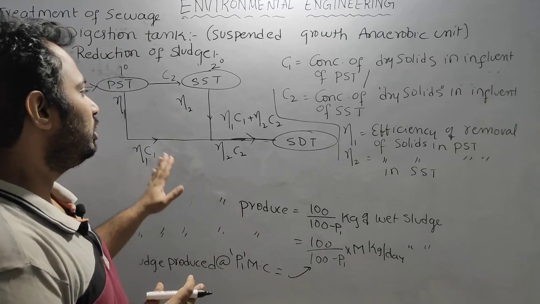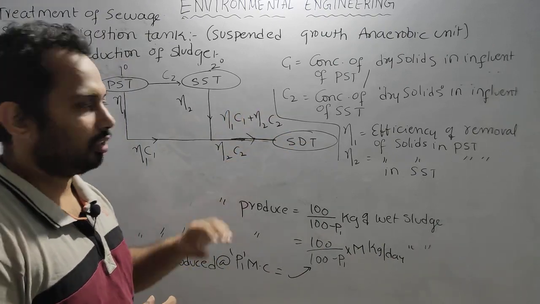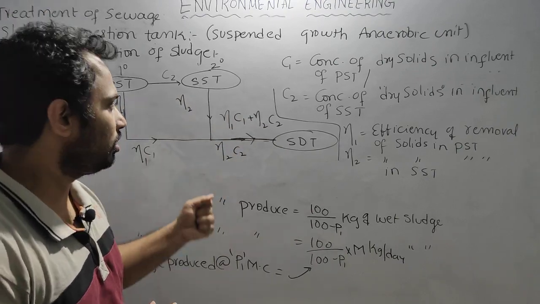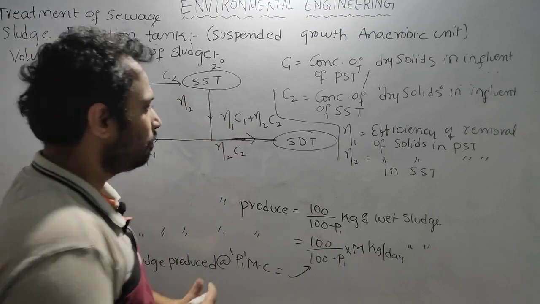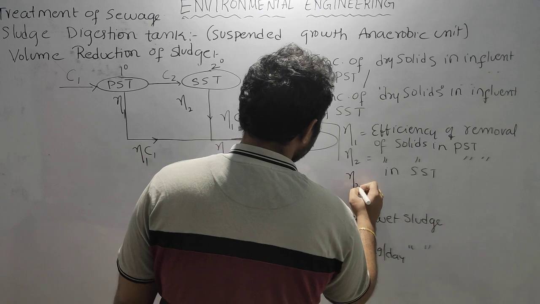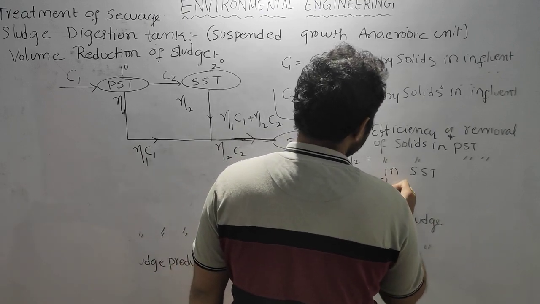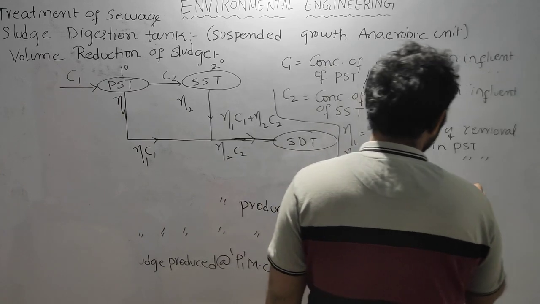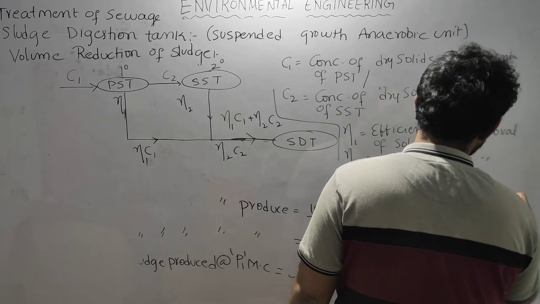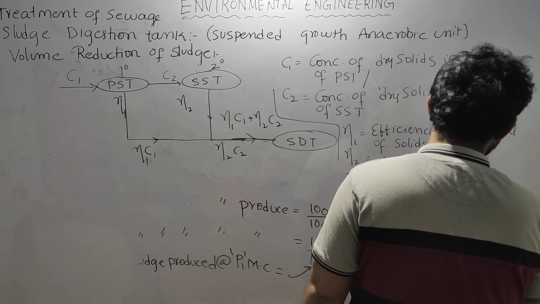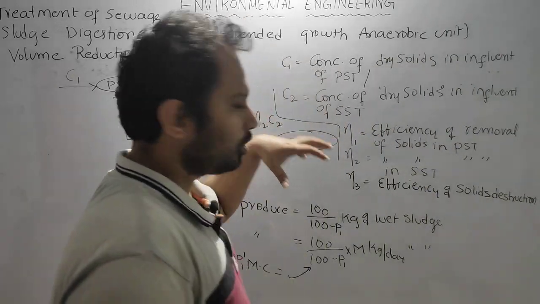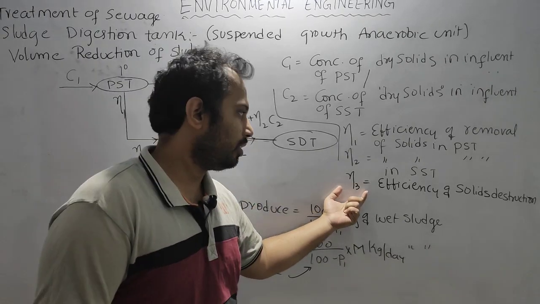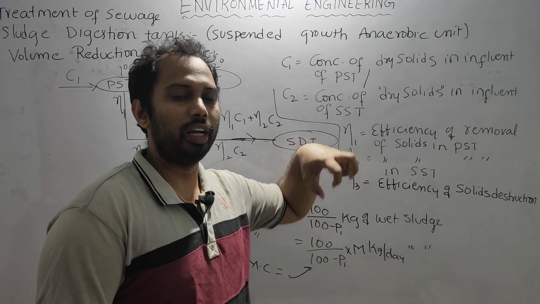For example, this is the quantity of solids entering, and eta 3 is the efficiency of solids destruction. So that means of the solids entering the sludge digestion, this percentage of solids are getting destructed.